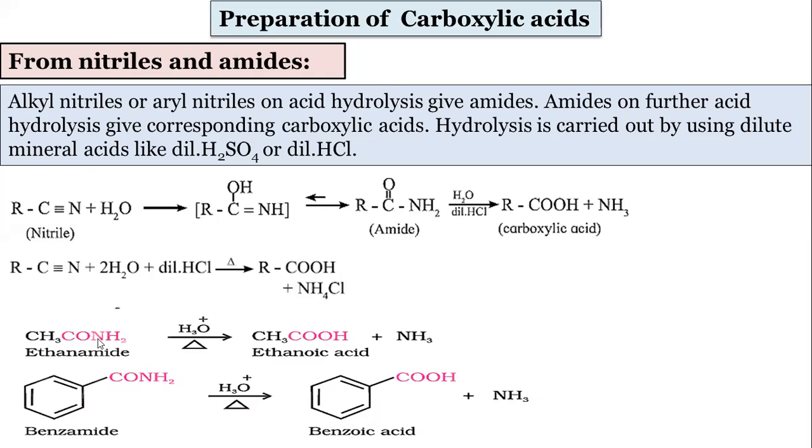So this amide after hydrolysis gives ethanoic acid plus ammonia. Again, in the case of benzamide, it gives benzoic acid plus ammonia. But how are these prepared? These are prepared by using nitriles. So you should know the previous step, how these amides are prepared. Amides are prepared by using nitriles. That's why the first step is shown here.